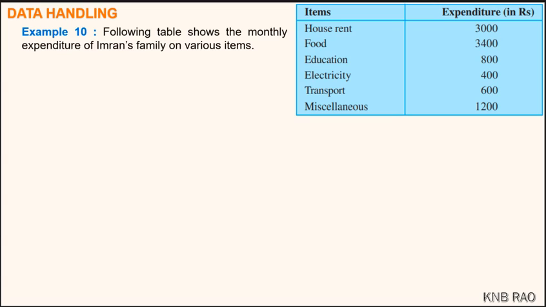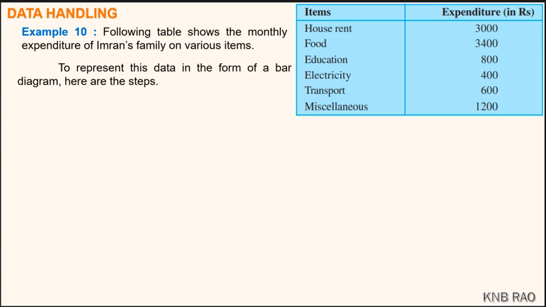This is the table representing expenditure of Mr. Imran on various items such as house rent, food, education, electricity, transport and miscellaneous expenditure. Corresponding to each item we have the amount that he is spending, and we will represent this data in the form of a bar diagram.